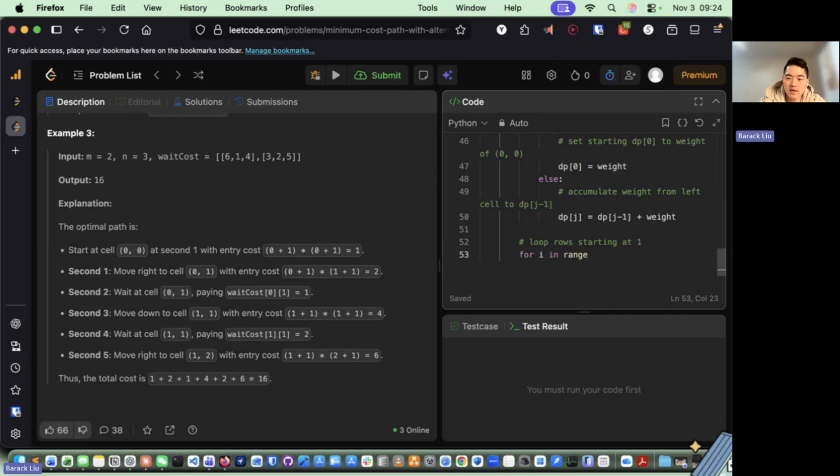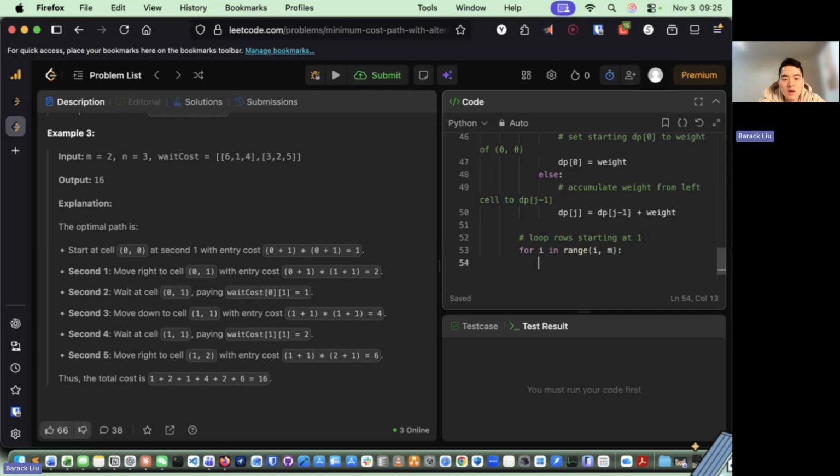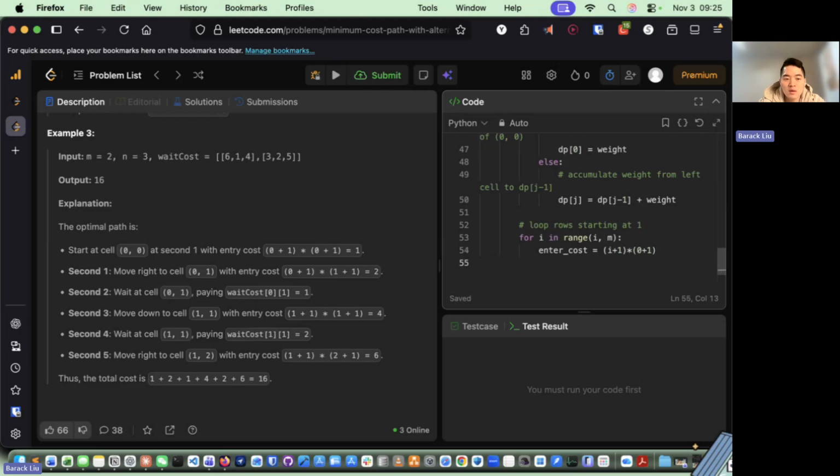For i in range 1 to m, then what we need to do is pretty similar to above, right? We have enter cost and we have wait costs.